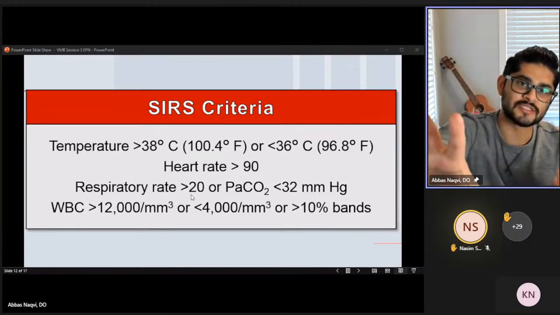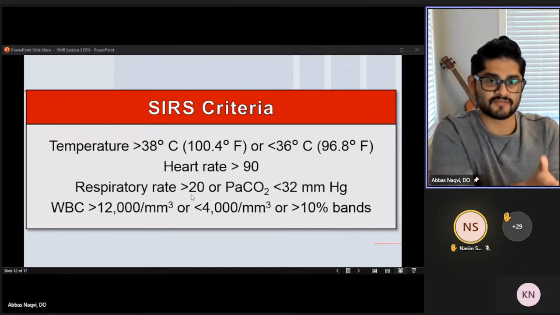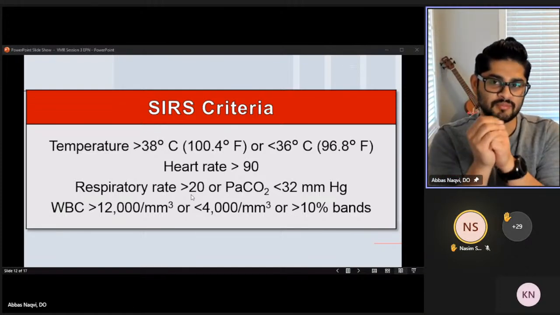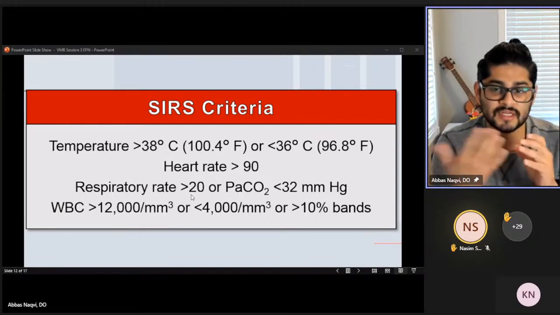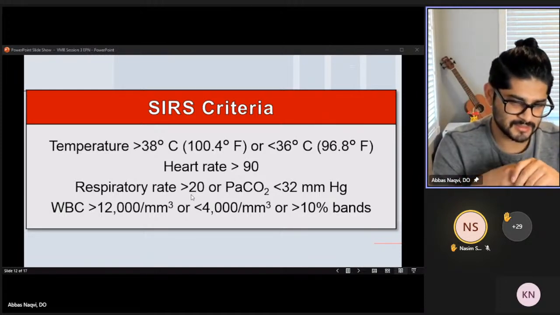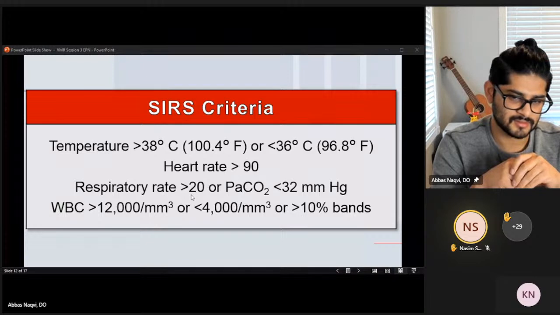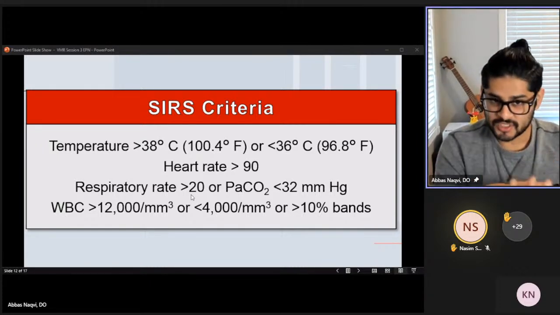So if you meet this criteria, but there's no evidence of an infection anywhere, they would just have SIRS. But because she meets this criteria and then she's showing signs of a UTI or even a kidney infection, then she meets sepsis. Does that make sense? It sounds like it makes sense. Does anybody have questions about that?